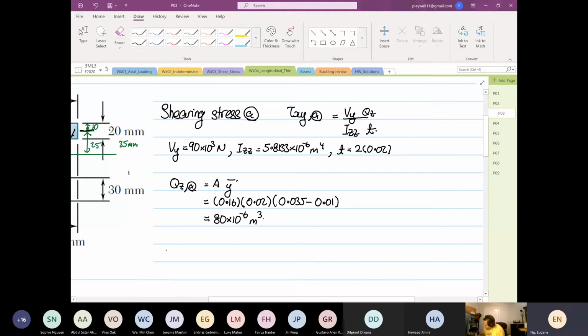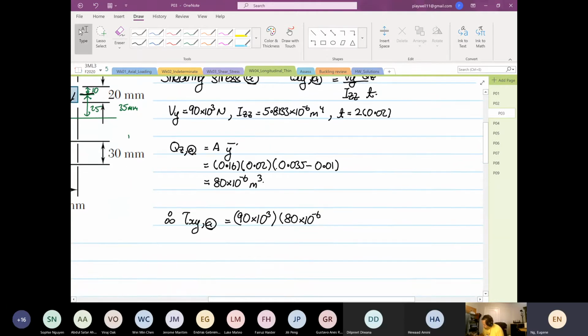meter cube. Therefore, the shear XY at point A is equal to V, which is 30 times 10 to the power 3, Q is 80 times 10 to the power minus 6, I is 5.8133 times 10 to the power minus 6, and the thickness, twice because of left and right, times 0.02.